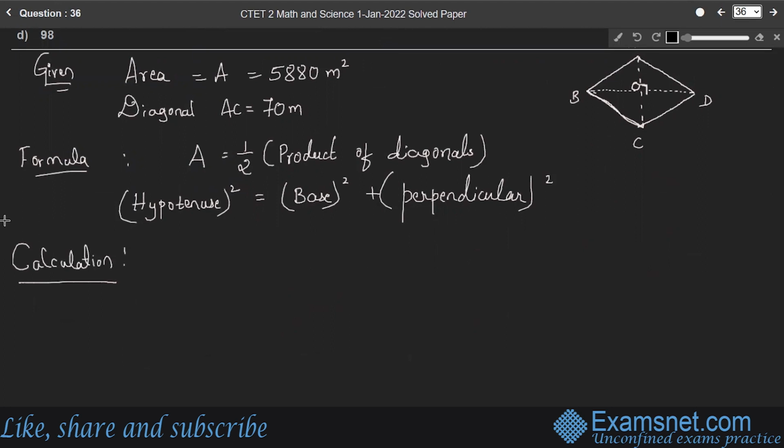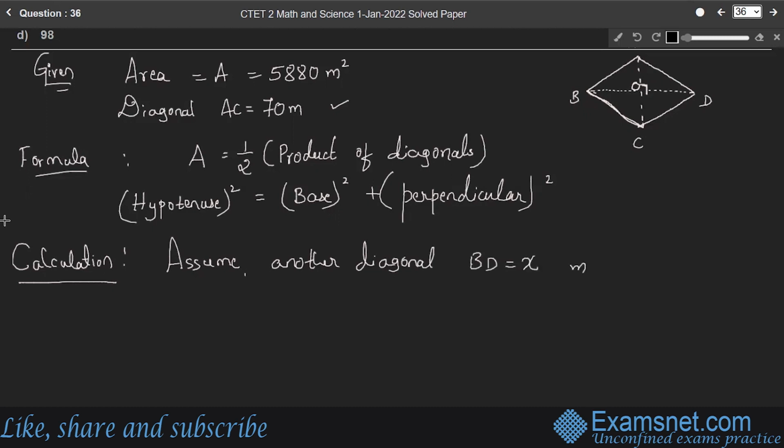We know one of its diagonals, that is AC. So let us assume another diagonal BD as X. So assume another diagonal BD is equal to X meters.